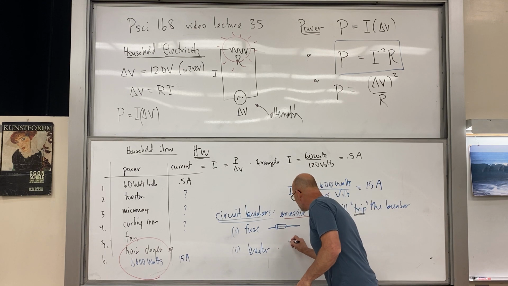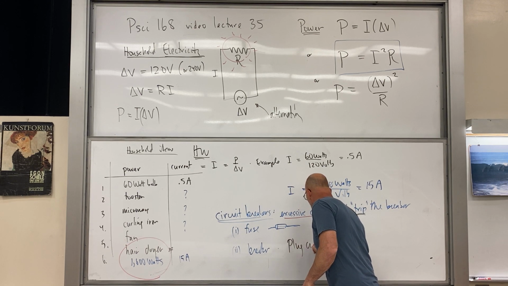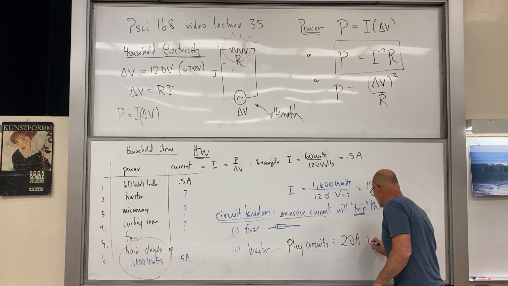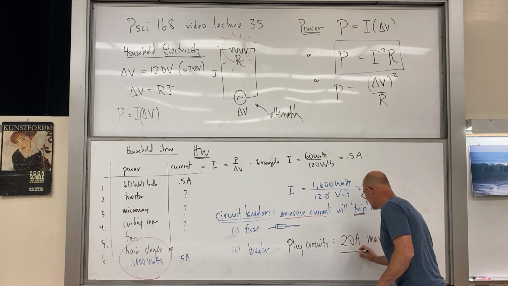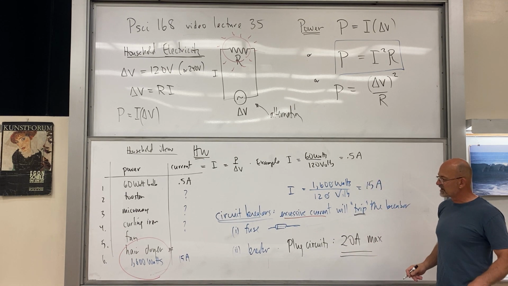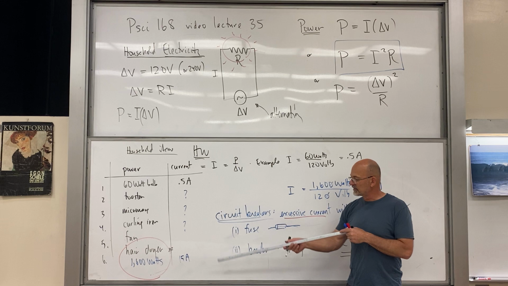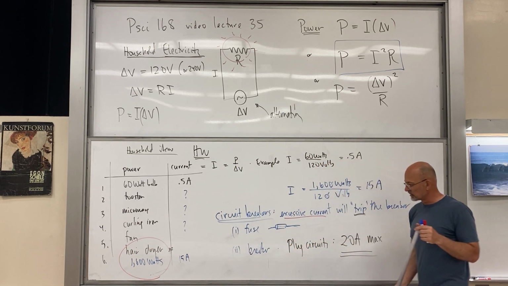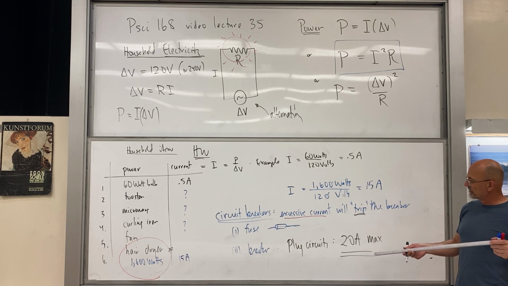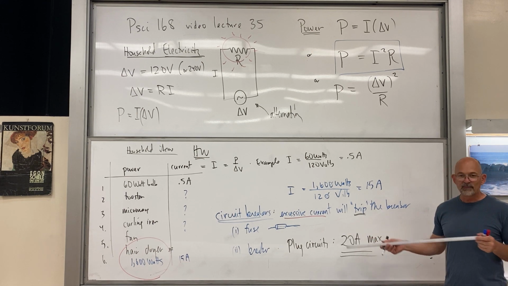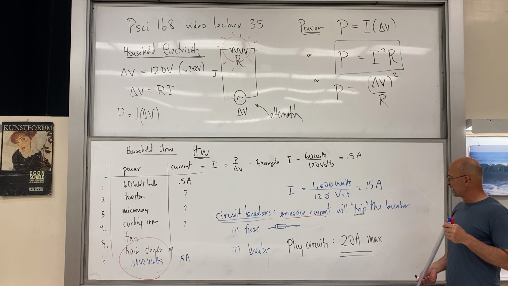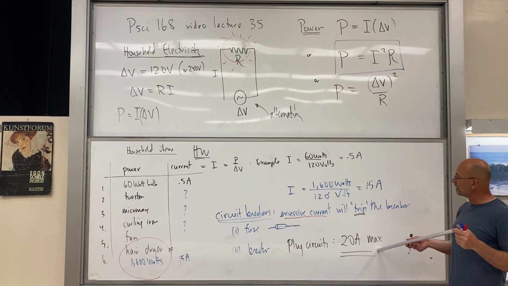So plug circuits, 20 ampere maximum. So there's the explanation for when you plug in 2 hair dryers. If you had 2 weaker or smaller ones where the total current is less than 20 amperes, then you'd be safe. Otherwise, you've got to go to another circuit. So plug circuits have a 20 ampere max.